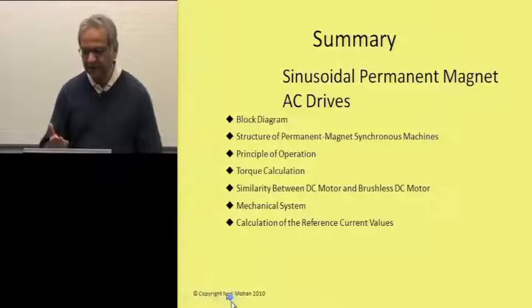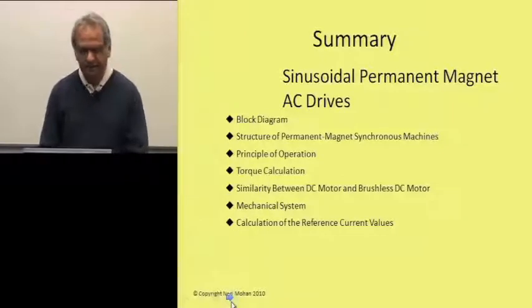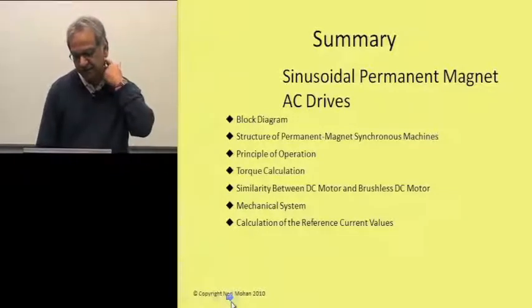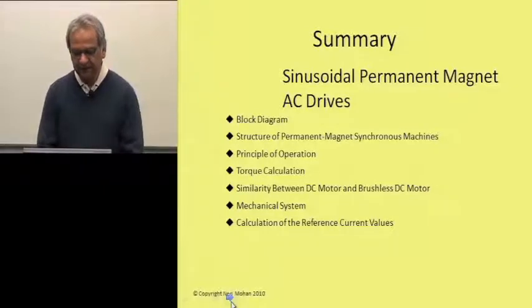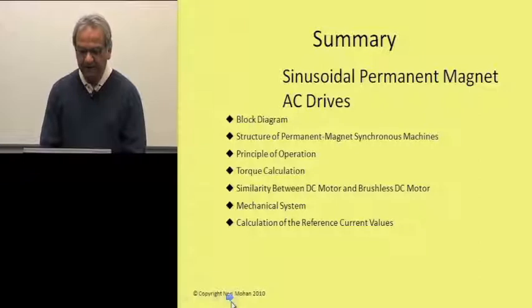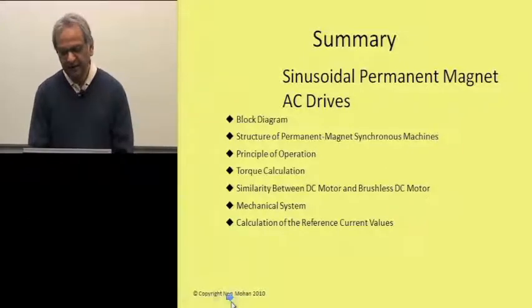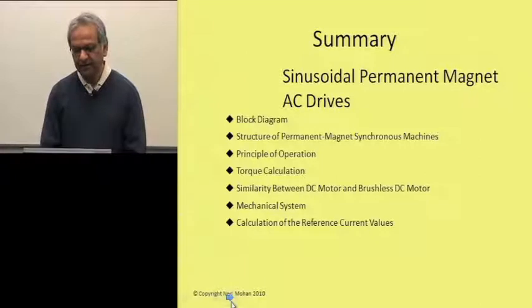So here it brings us to the summary of this module, in which we have looked at a very important class of machines, PMAC machines, and how they operate, how we can calculate torque in them, and how they are similar to brush type DC machines.